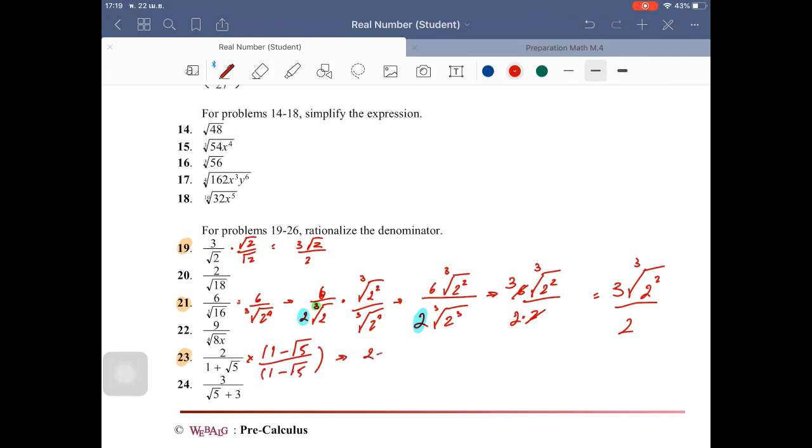So you get 2 minus 2 square root 5 over 1 minus 5, which is 2 minus 2 square root 5 over negative 4. Okay, and you simplify to be 1 minus square root 5 divided by 2 here.